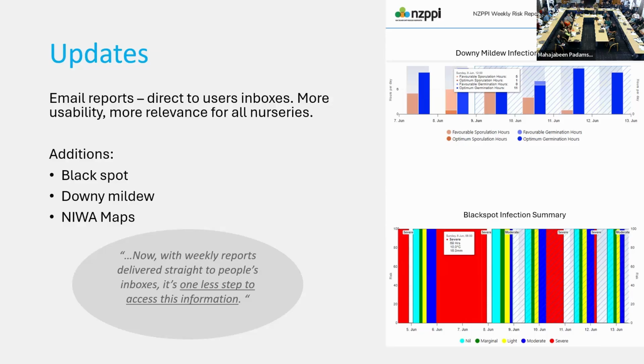Lots of different nurseries comment that they take that to their staff Monday morning meeting and add it into everything else they're trying to manage for the week. Nemomax as well, I'll bring in a little bit later.